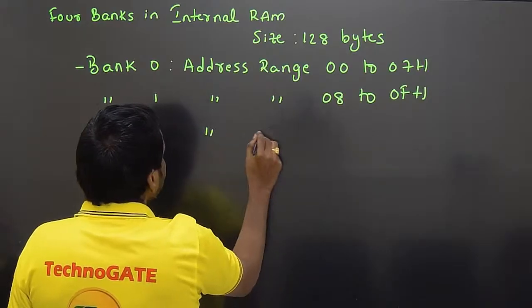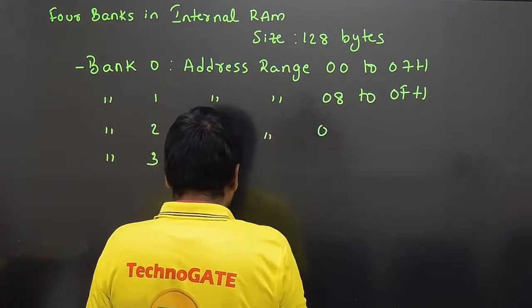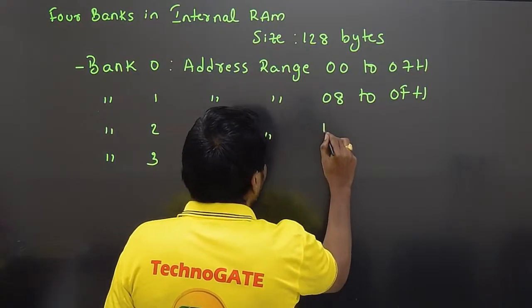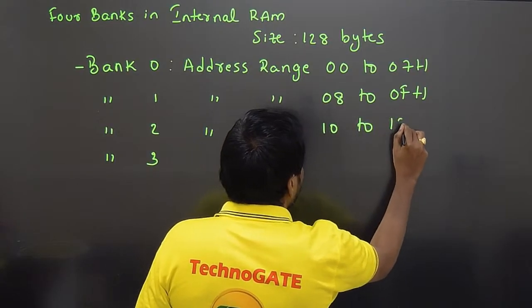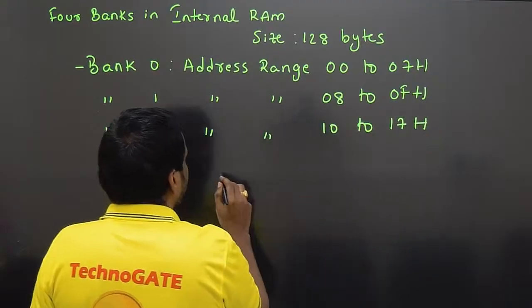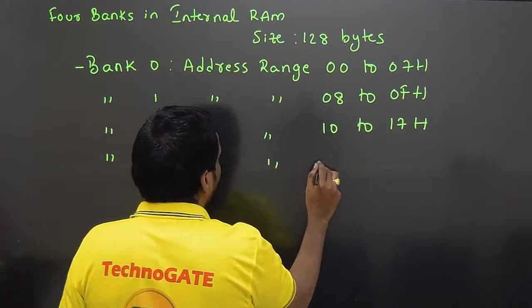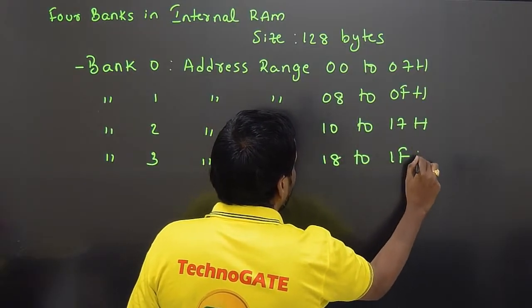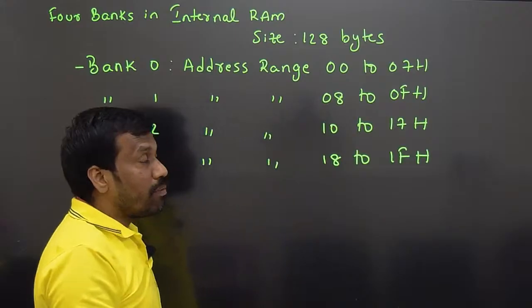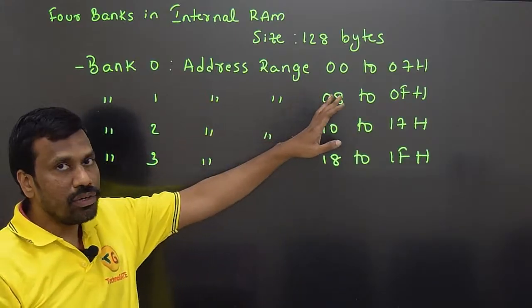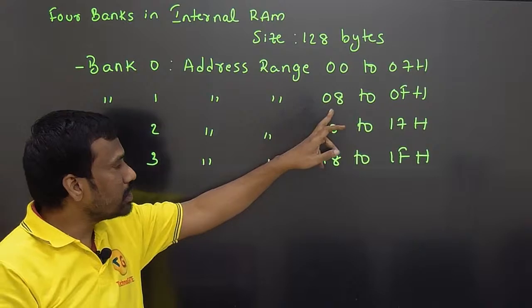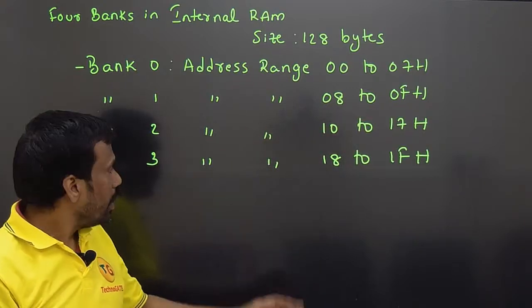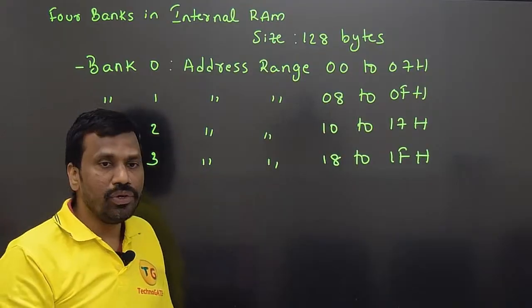Bank 2 address range is 10 to 17. And bank 3 address range is 18 to 1F.